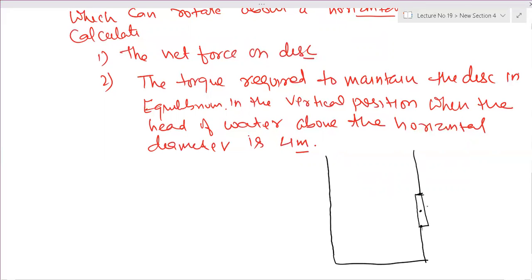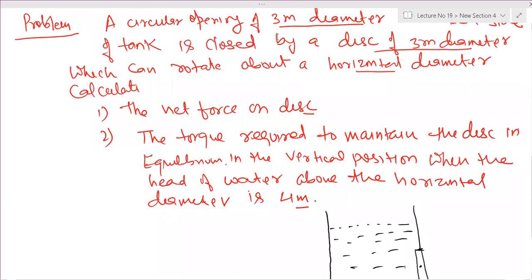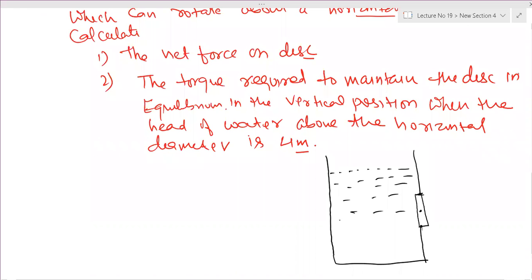This is the center of the disc, and we have water filled up to the 4 meter height above the horizontal diameter about which it rotates. So this height is 4 meter, because this is your horizontal diameter passing through the center, right?